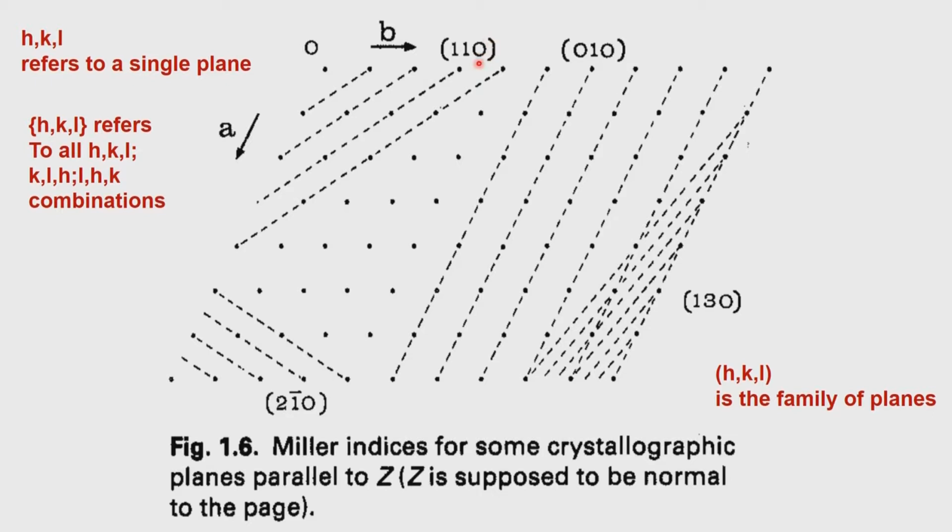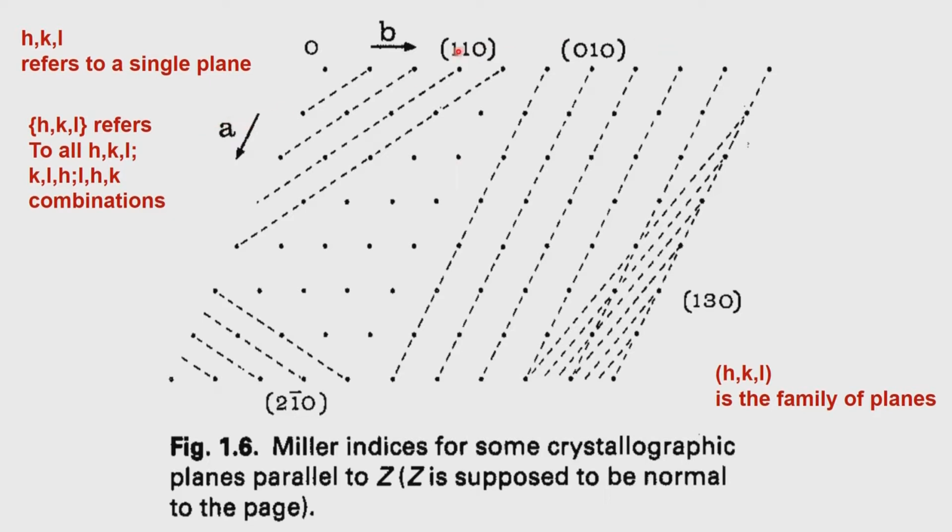Whenever we write a bracket like this, it represents the family of planes. If we do not write any bracket and just write 1 1 0, by crystallographic nomenclature, 1 1 0 refers only to that plane. Suppose you are trying to say in which plane a given atom is sitting. This atom may be sitting at 1 1 0, then you do not write the brackets, because if an atom is sitting at 1 1 0, it does not mean it will sit at all the parallel planes. Understand?